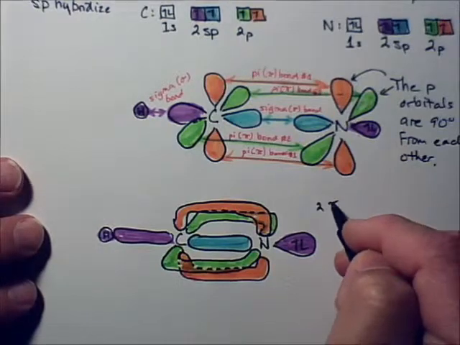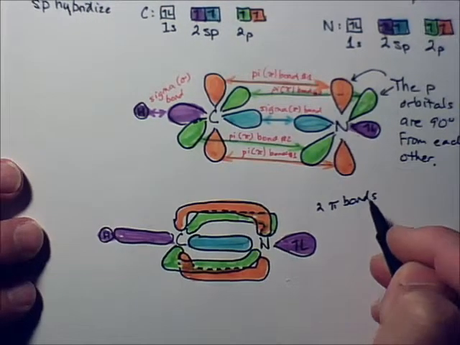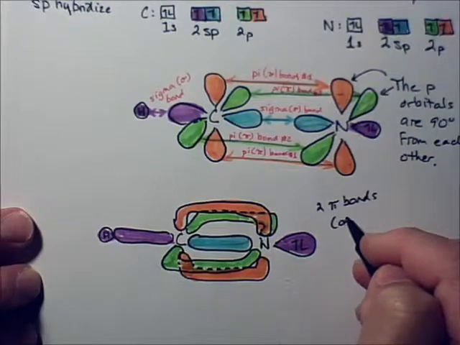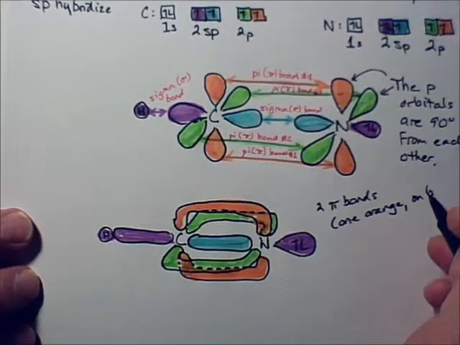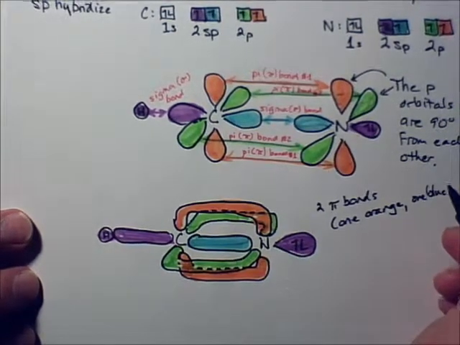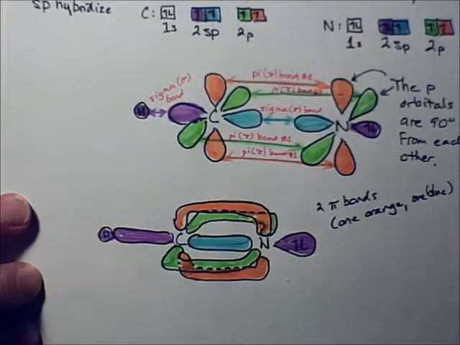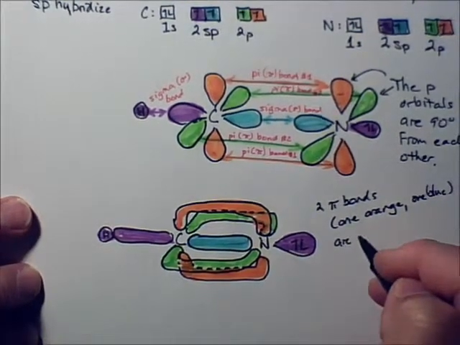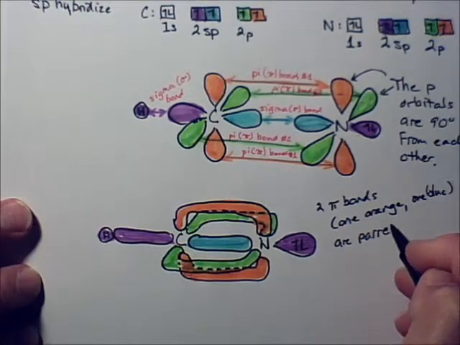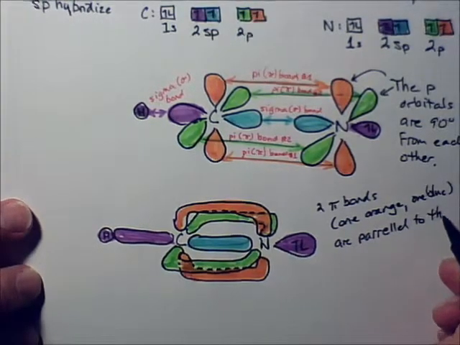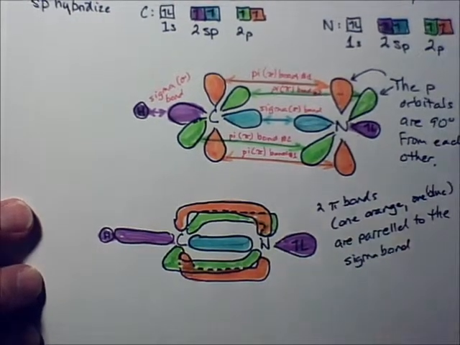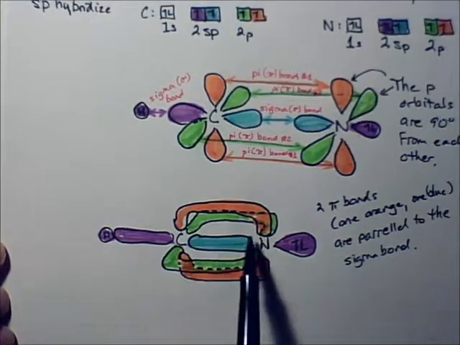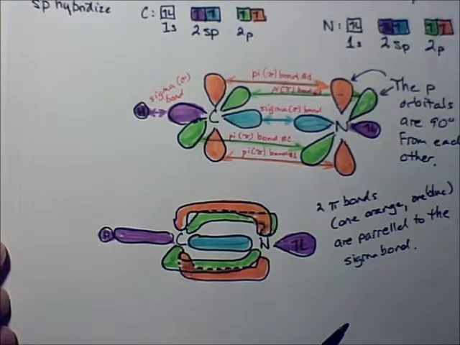These two pi bonds here, one orange, one blue, okay, are parallel to the sigma bond. The two pi bonds are parallel to the sigma bond. They're all running like this, side to side. But they're three-dimensionally parallel, not two-dimensionally parallel.